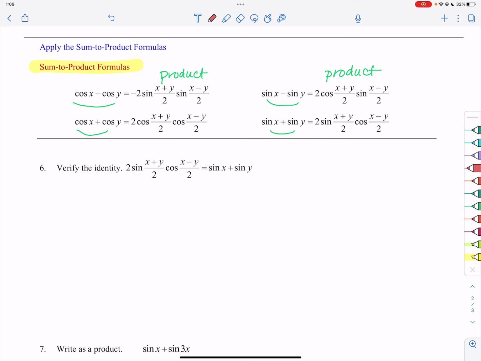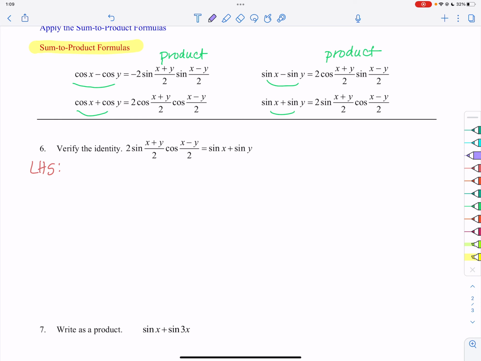Of course, we're going to be working with the left-hand side, and we can go ahead and state that u and v are as follows.